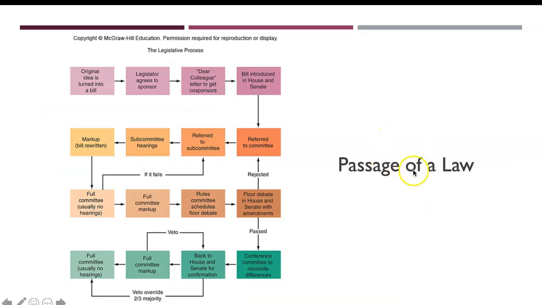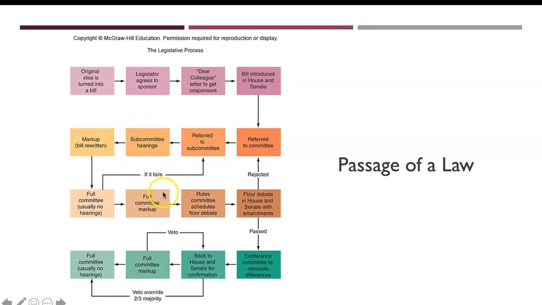And we know passage of a law is a very complicated process. You have to propose the bill, get your supporters, and refer it to a committee. And you have to go to the hearings. If the full committee says no, you have to go back to the committee, revise, and go over this loop again.